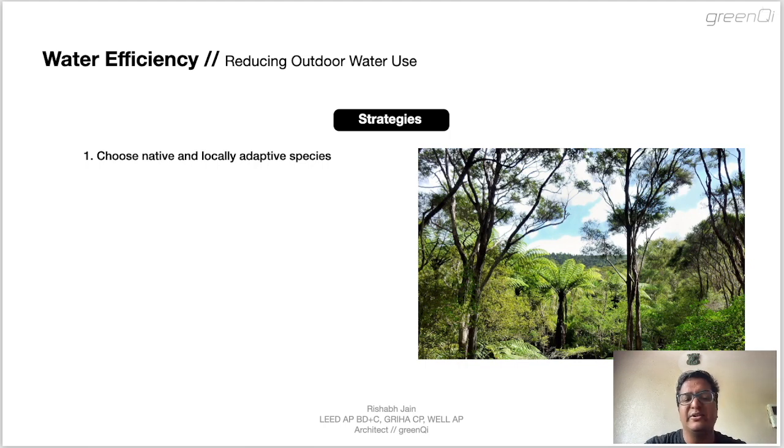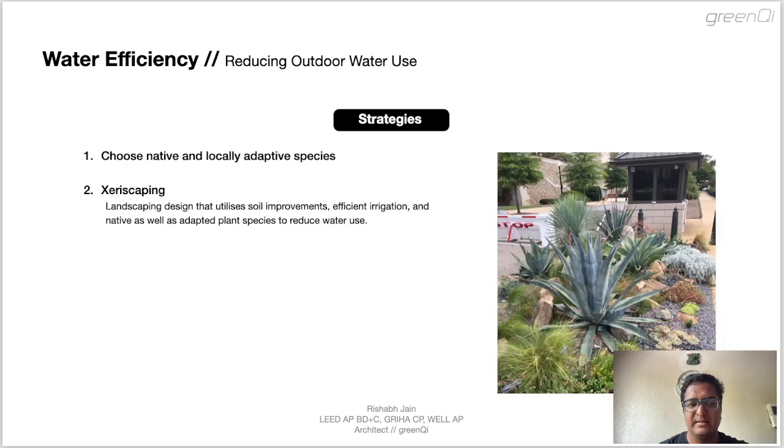It is like when you travel to a foreign country, you don't understand the language, food is different, people are different, you are most likely not accustomed to the weather, so you would not be comfortable in that setting for long. It is similar for trees and plants. Native plants help reduce irrigation requirement because they are already adapted to the climate of the site.